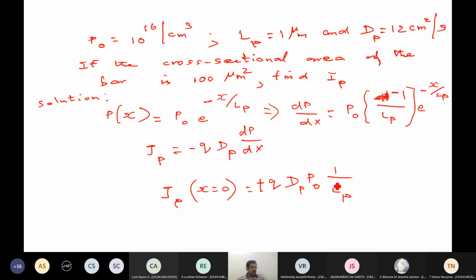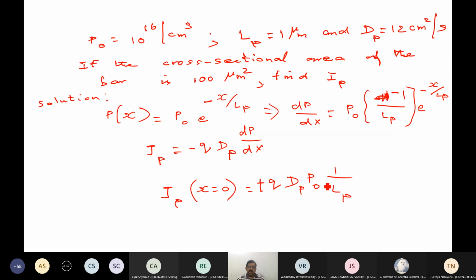So how do I do this? I have the Dp value which is 12. You multiply by 12, and you have been given P naught, 10 power 16. Q is 1.6 into 10 power minus 19. LP is given as 1 micron. One thing you must understand, everything must be in the same units.